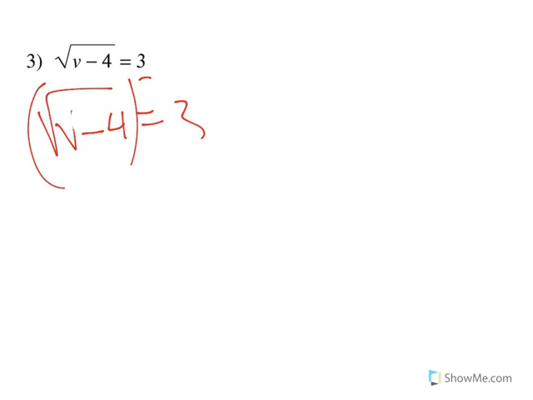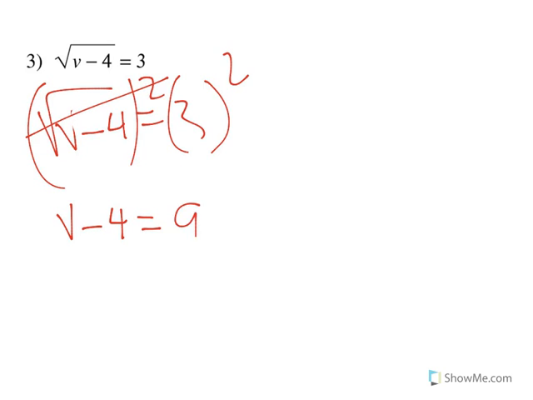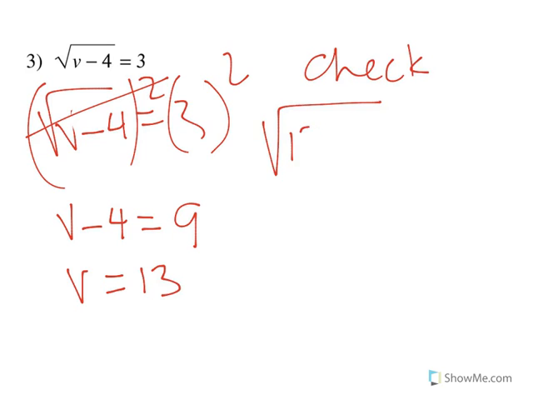The square and the square root cancel out, so we have v minus 4 equal to 3 squared, which gives us 9. Solving for v, v equals 13. To check our work, we take the square root of 13 minus 4, which gives us the square root of 9, and the square root of 9 is 3, which is the same as the original.